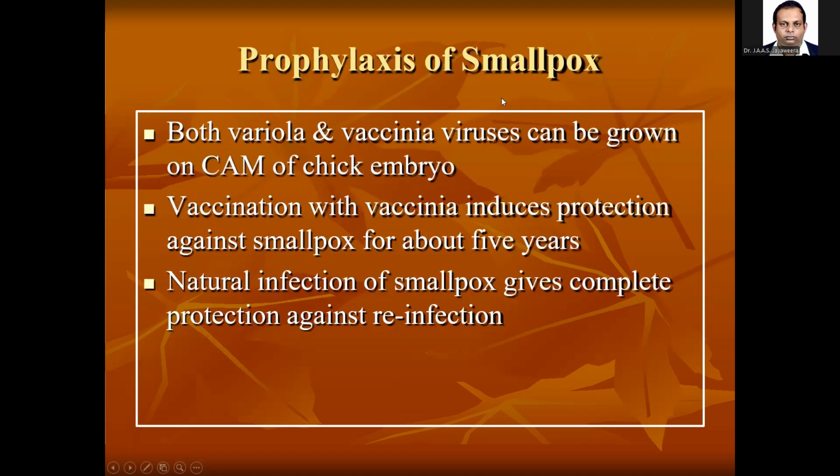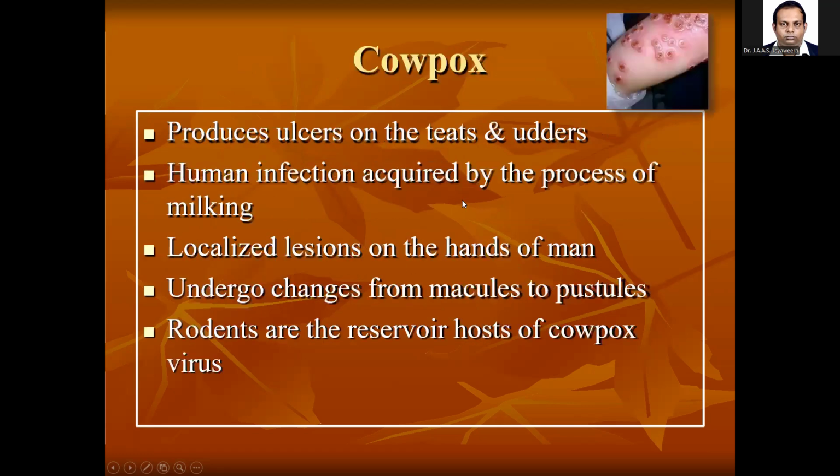For prophylaxis of smallpox, both variola and vaccinia virus can be grown on the chorioallantoic membrane of chick embryo. Vaccination with vaccinia induced protection against smallpox for about 5 years. Natural infection with smallpox gives complete protection against reinfection.